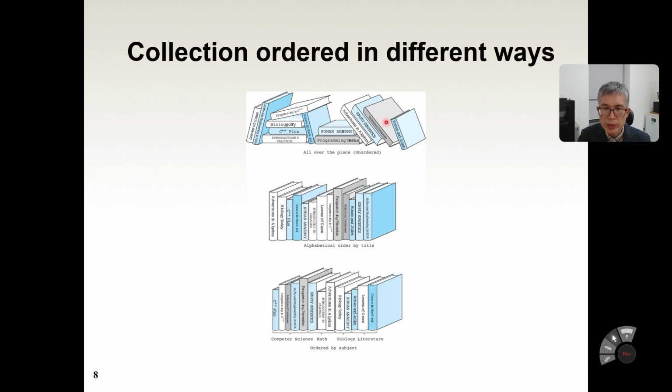The first one, you can see textbooks 1 to 3, three kinds of textbooks intermixed on the desk. But here, according to the title, in alphabetical order, we can sort like that. The third one is where we can categorize computer science textbooks, mathematics textbooks, biology literature books, so ordered by subject.